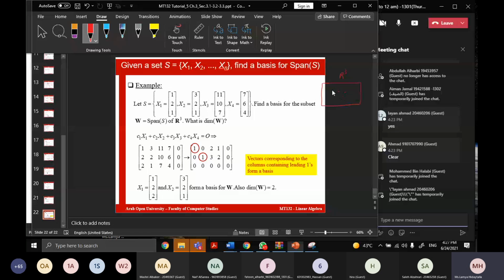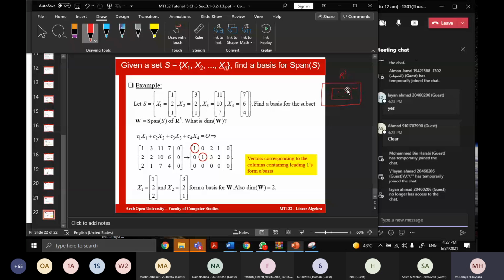And using these 4, we generate a space spanned by S. This is W. W is spanned by these 4 vectors. Now what do we need? We want the bases for this W. So what are the bases?